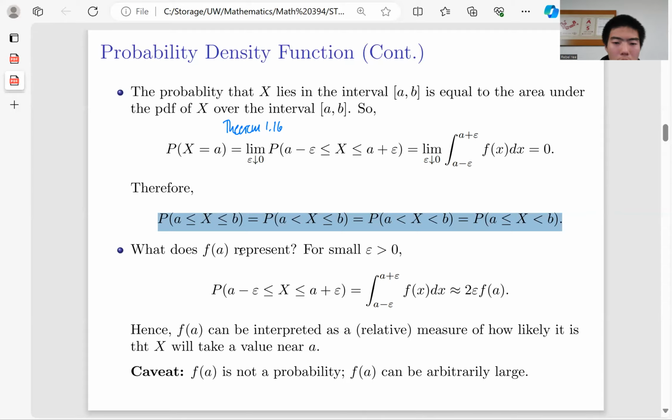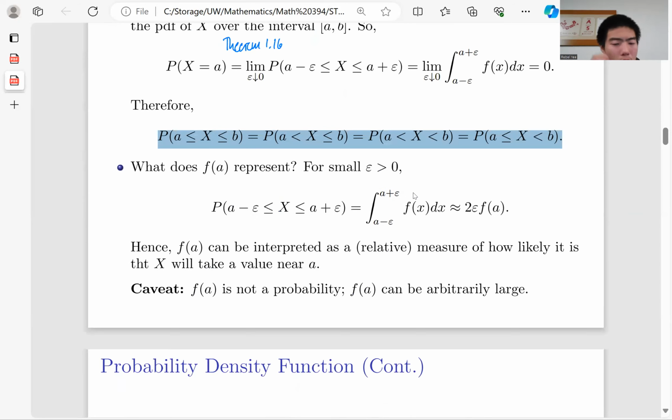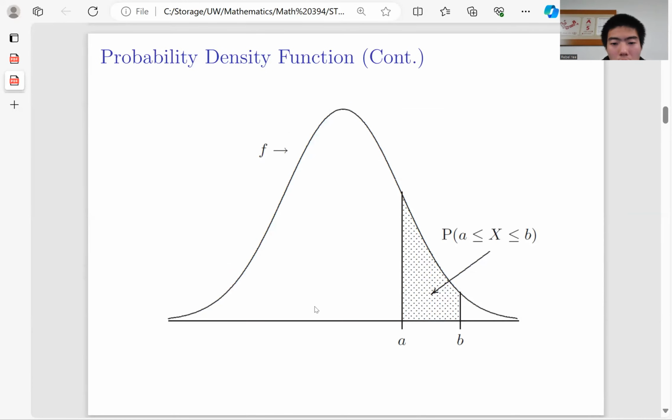But what does f(a) represent? We just talked about the height of the PDF, which is the value of f(a). So what does that mean? f(a) can be interpreted as a relative measure of how likely x will take a value near a. If the curve is high, then x will happen with larger probability.